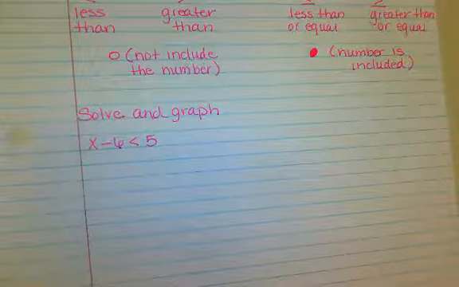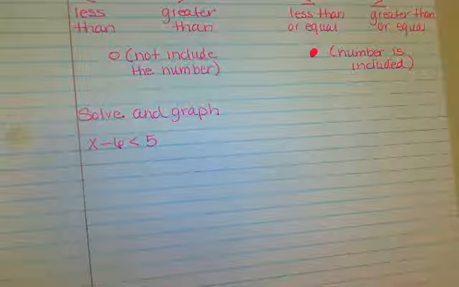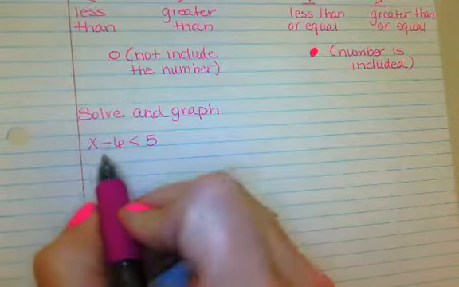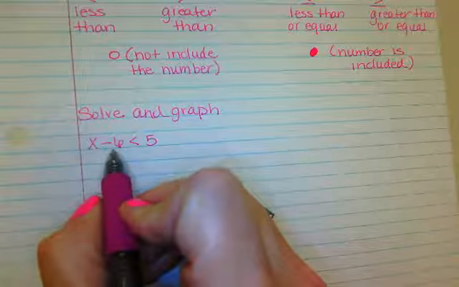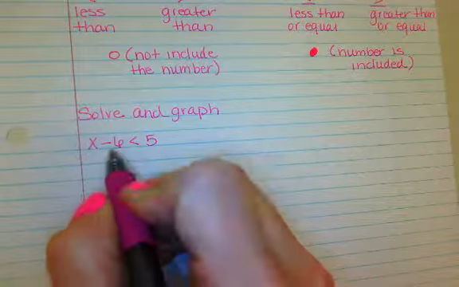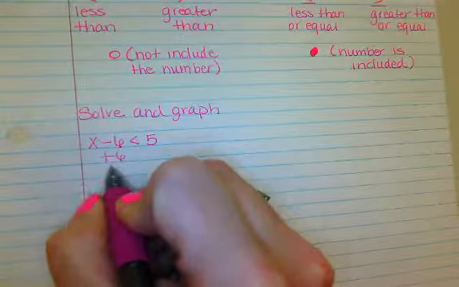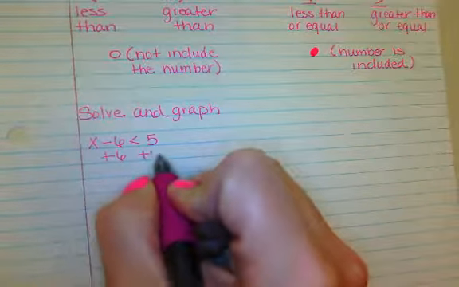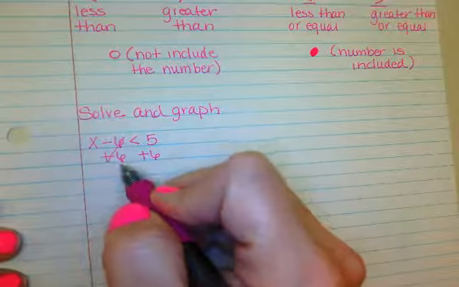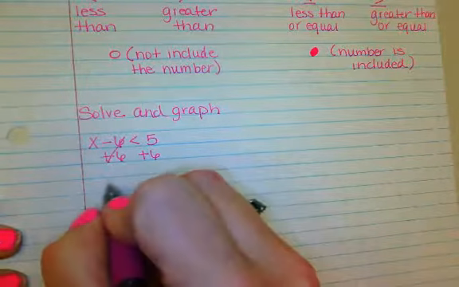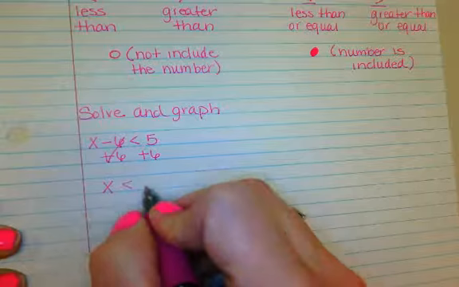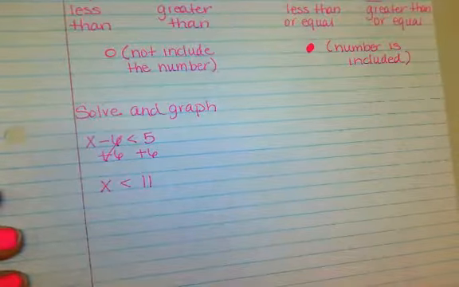Working with equations and inequalities, especially when solving, we always do the inverse of the number that is with the x. So in this case, it would be minus 6. The inverse of minus 6 is plus 6. And what you do to one side, you have to do to the other side. These cancel because it's a zero pair. And that leaves x is less than 11.